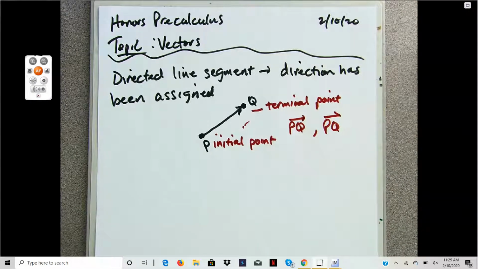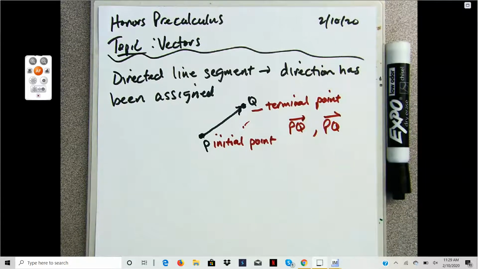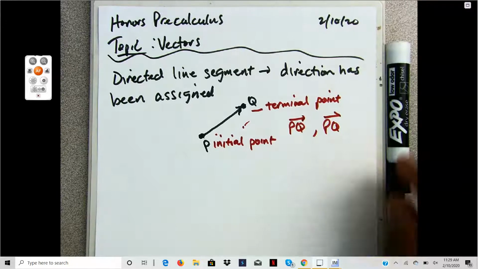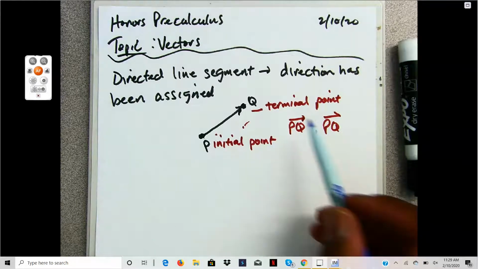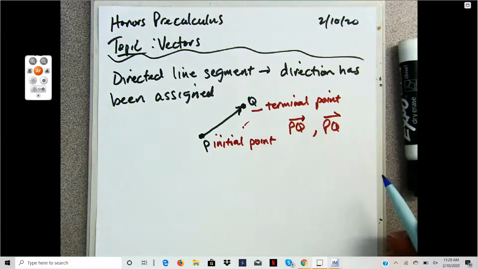In your book, you will note that vectors are bolded, in boldface type. But we're going to use another symbol for it. When you see these two, they will be the same.